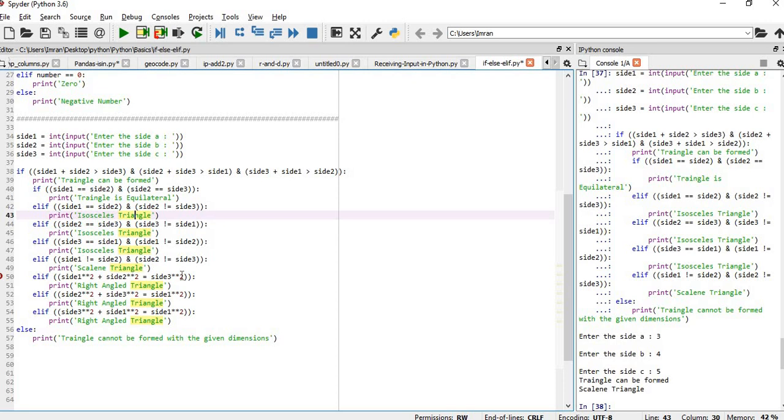None of the sides are equal, but if you do the squares, 3 square plus 4 square, 9 plus 16, sum is 25, and 5 square is 25. So even though this line of code will be satisfied, it will not be executed, because the moment it hits this logic for scalene triangle, it will come out.